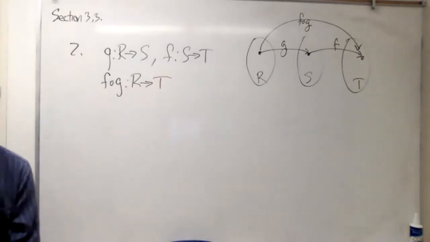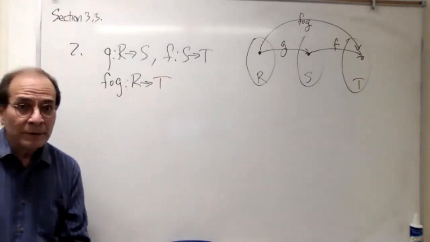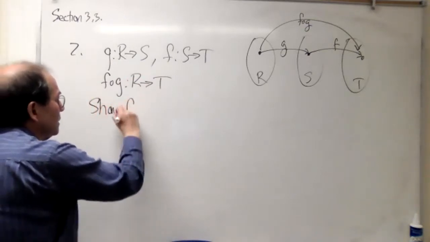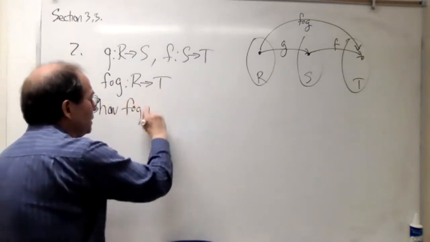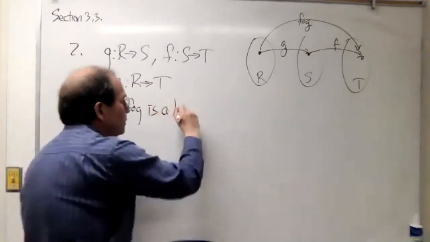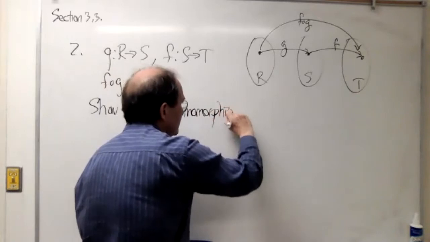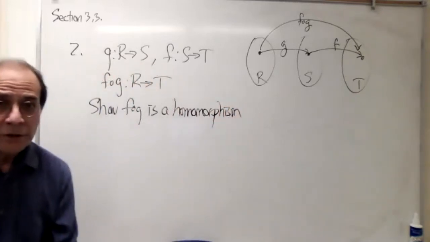Okay, and you want to show that this is a homomorphism. And so you need to show that F composed with G satisfies our two homomorphism properties, that's RH1 and RH2.